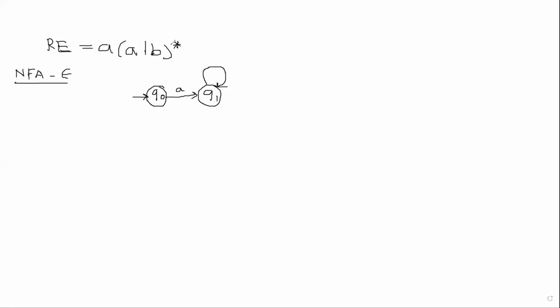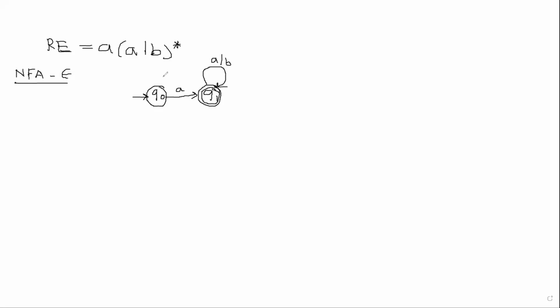You have to remember, whenever the Kleene closure is there, there should be a loop. So with A or with B, I will reach Q1. So this is my simplest finite automata. Now, if you see this diagram, you may say that this is the DFA only.